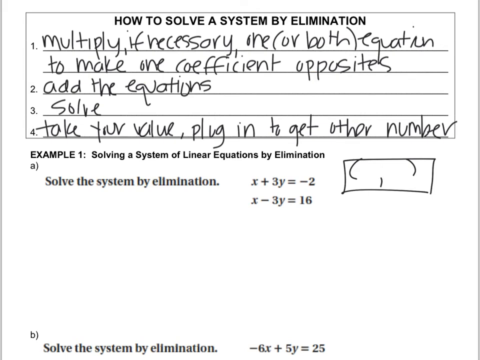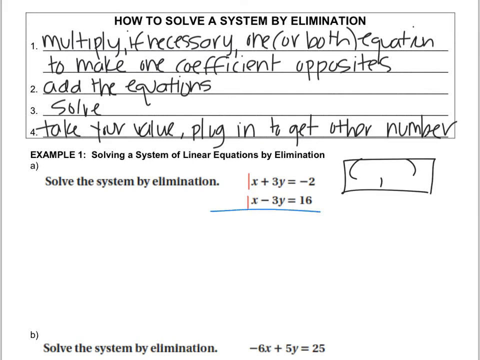The coefficient of x here is 1, and the coefficient of x here is 1. So those aren't opposites. But the coefficient of the y here is positive 3, and here the coefficient of the y is negative 3. So, ta-da, this is what we want. We want one variable to have a positive and a negative version of the same number. So we don't need to multiply in step 1. Sometimes you do. In this beginner level case, we don't.